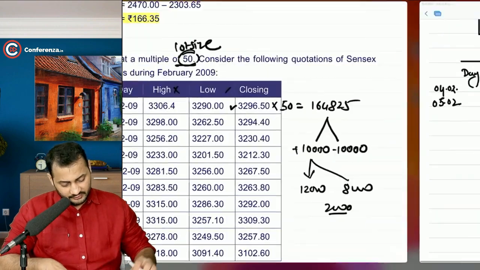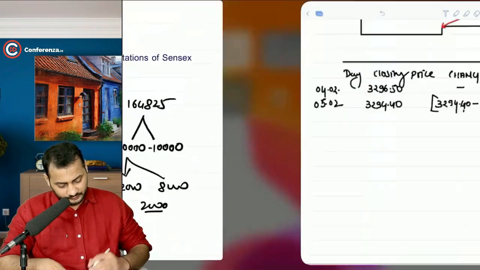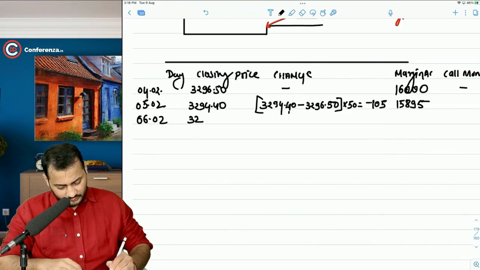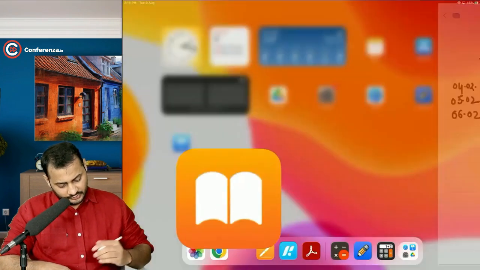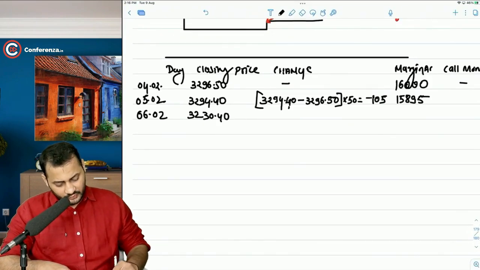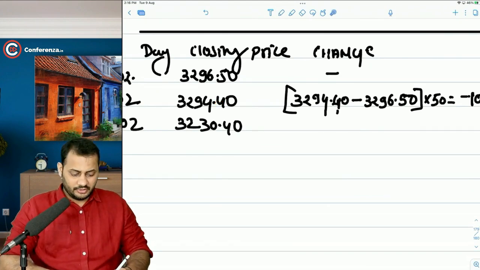Now, let's go to the next day, 6th of February. The closing price was 3230.40. What will happen? The exchange had already settled your position at this point. So for the next day, the opening will be this and the closing will be this to settle.